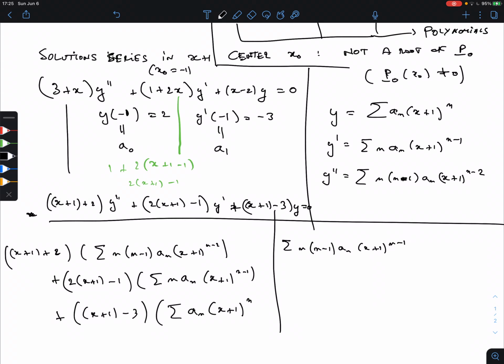Now the plus 2, that will give me plus summation 2n, n minus 1, an, x plus 1 to the power n minus 2. The power has not changed. Then the next one, if I distribute this x plus 1 with this one will make it x to the n, and we have an extra 2 there. So plus summation 2n an, x plus 1 to the power n, and then we have minus summation n an, x plus 1 to the power n minus 1.